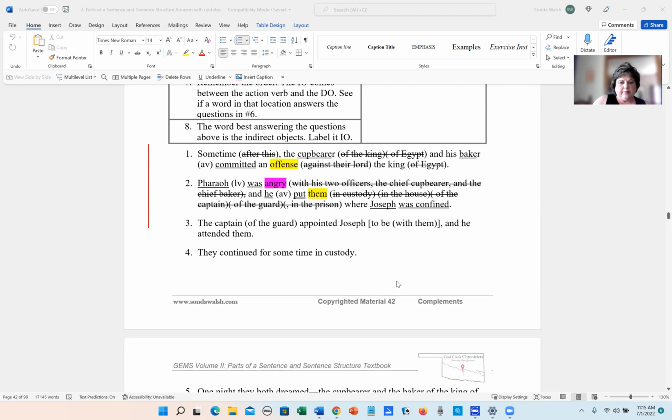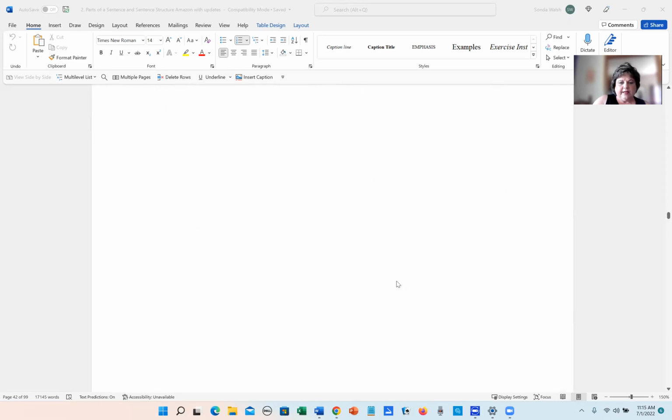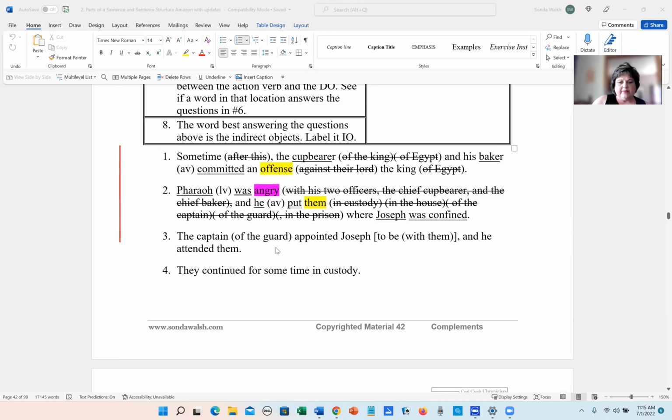Let's go to number 3. This is where I lost internet. Of the guard is a prepositional phrase. To be is an infinitive. With them is a prepositional phrase inside of the infinitive phrase. So captain is the subject, and we'll underline that one time.